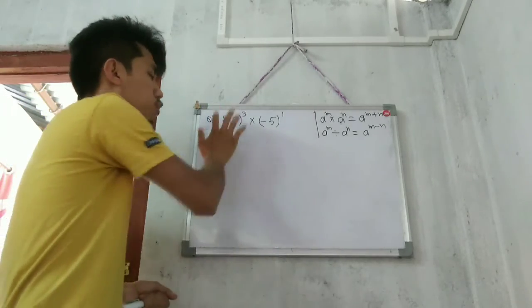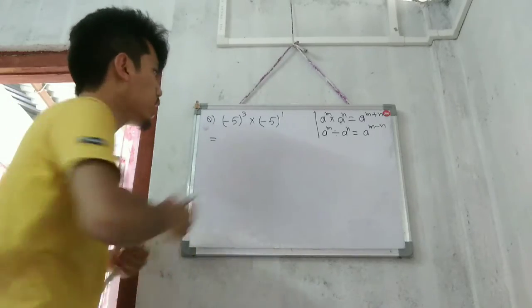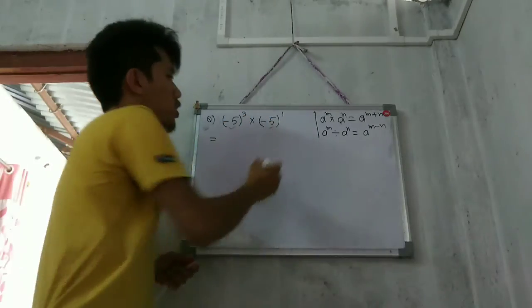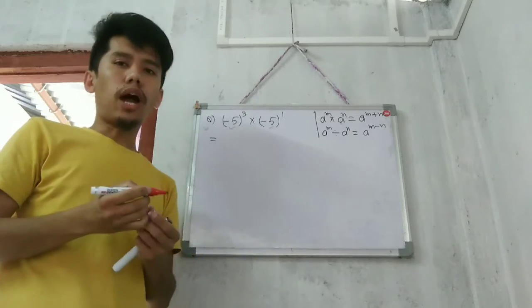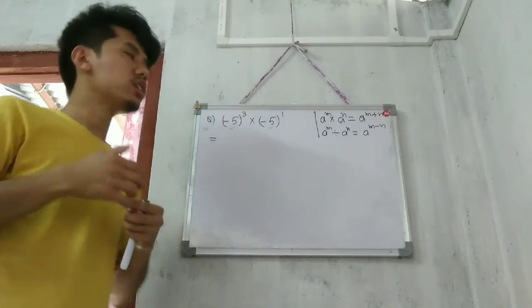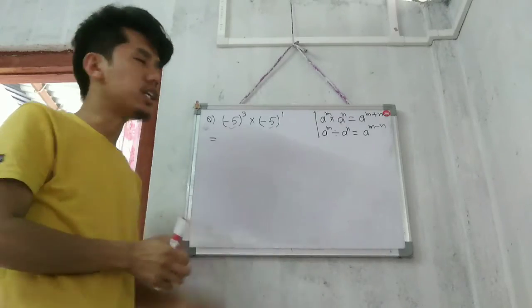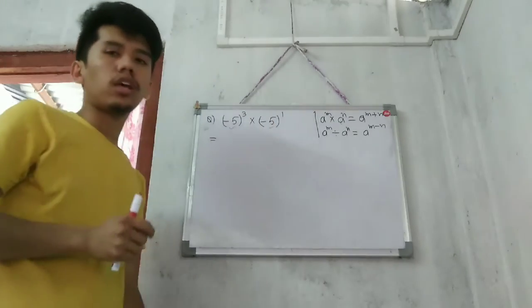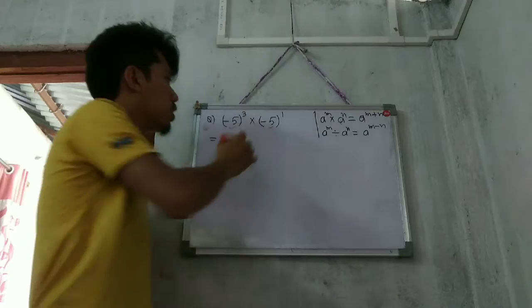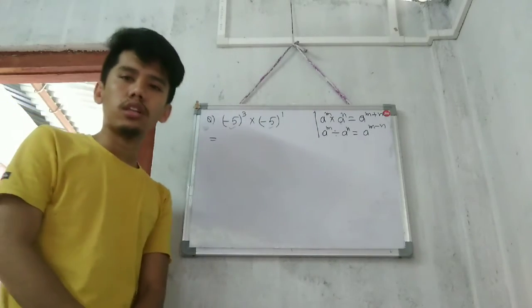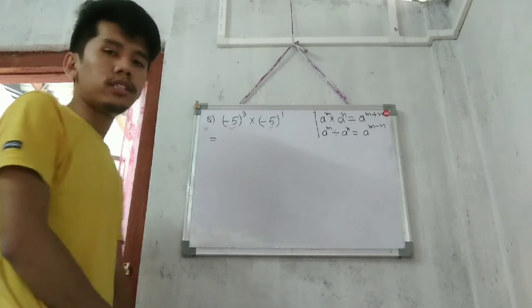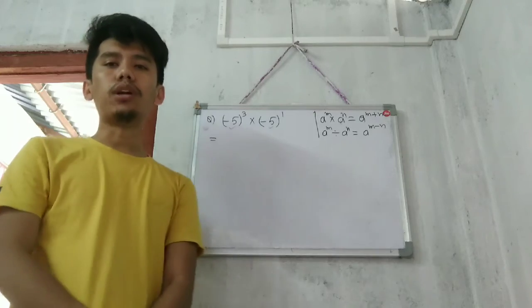If you see carefully, this part of the number in the question we call the base. As you can see, the bases are the same, minus 5 and minus 5, and in between there is multiplication. That means two equal bases are being multiplied.